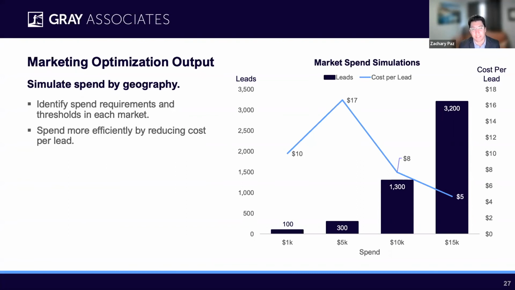And what you might find is different markets have different thresholds for breaking through. Again, you're competing with other institutions in the market for those leads. And there might be different thresholds for each market. And so using modeling techniques like this can help you understand what are the thresholds for the market and how do you reduce or be more efficient with your marketing dollars.